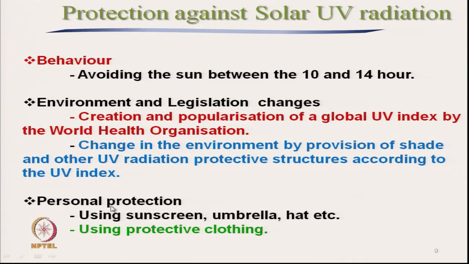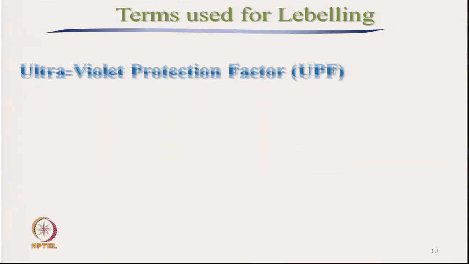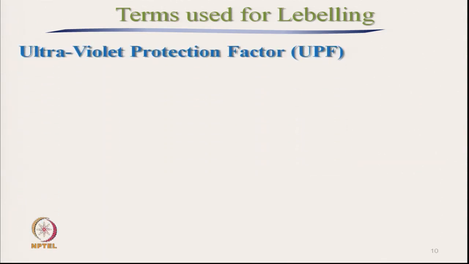So, personal protection by using sunscreen, umbrella, hat to protect ourselves from direct radiation, and most importantly we can use UV protective clothing.